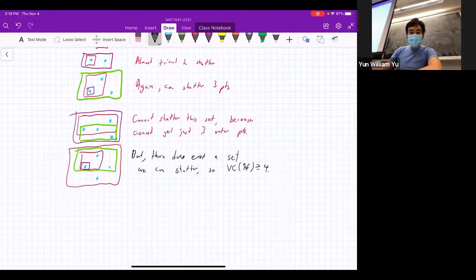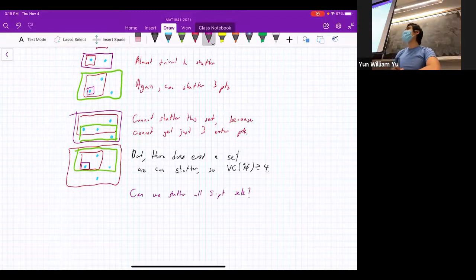Okay, well, let's take a look. What about 5 point sets? Can we shatter all 5 point sets? Things are clearly getting harder now because you have to worry about points being inside the convex hull of other points.